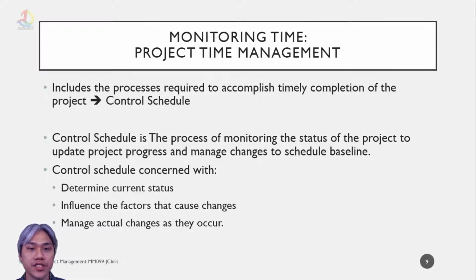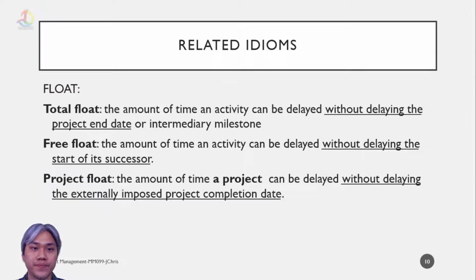Control schedule is the process of monitoring the status of the project to update the project progress and to manage changes to the schedule baseline. It is concerned with determining the current status, influencing the factors that cause changes, and managing actual changes as they occur.